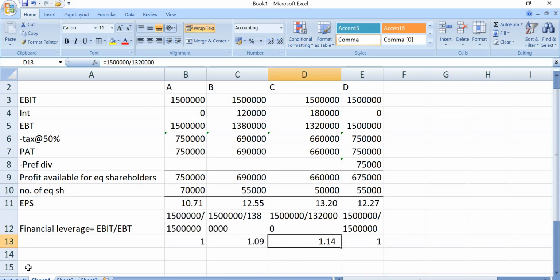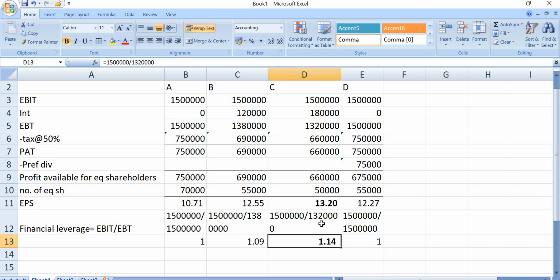So what we need to do further is suggest which plan is better. If I am comparing EPS, which plan has the highest EPS? It is plan C. And also if I am comparing financial leverage, plan C is also the same. Plan C has the higher EPS.